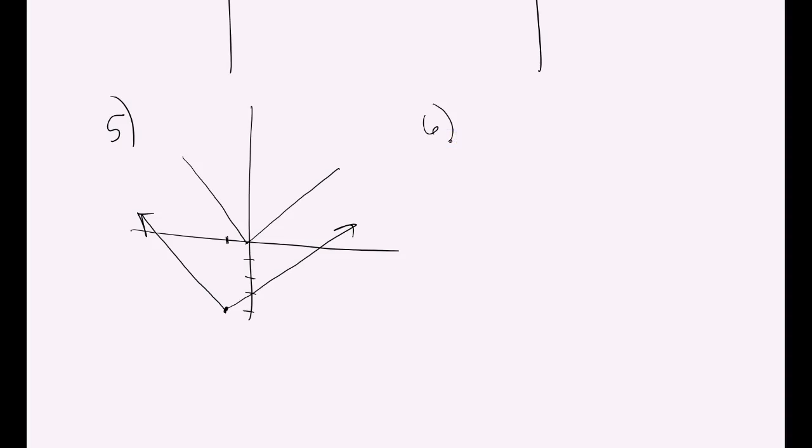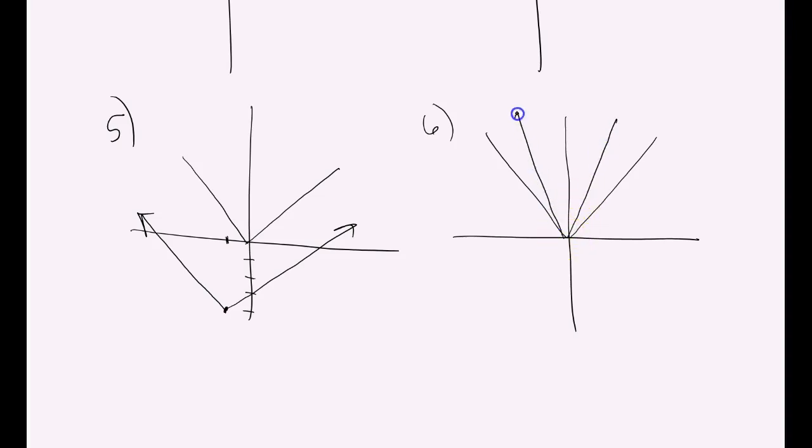Number 6. This is the absolute value graph again, the V graph again. There is a 2 on the outside of the function. That's the multiplier. So it's going to be twice as steep now. So instead of over 1, up 1, it's over 1, up 2. Over 1, up 2. It should look like that on both sides.